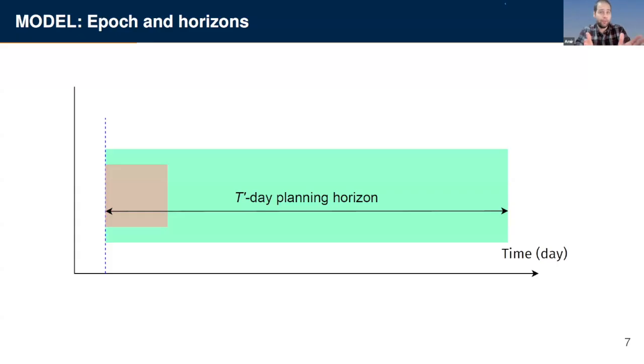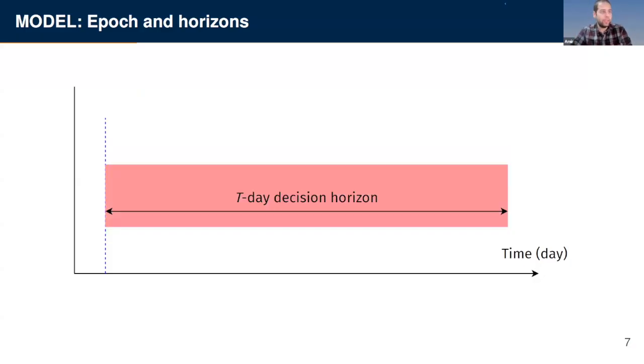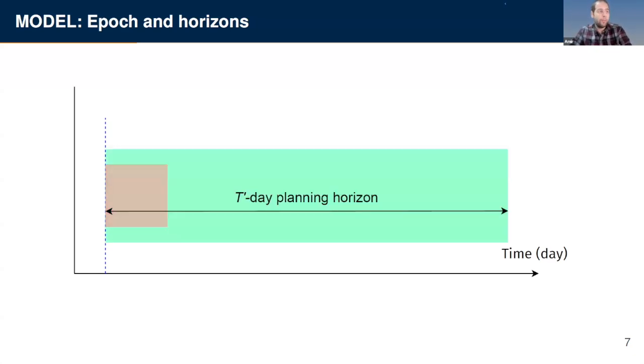This planning horizon is much longer than the decision horizon, and effectively we extend it so that we can make sure all of the follow-up appointments of the patients on the wait list can be scheduled within the planning horizon. So effectively, the decision horizon is there for when the first appointment can happen, while the planning horizon is extended so that we can capture all of their follow-up appointments.